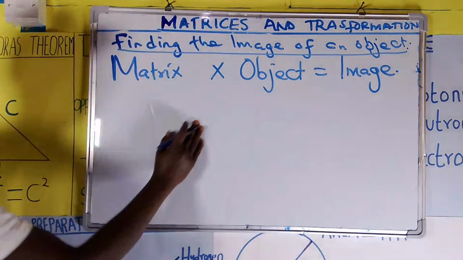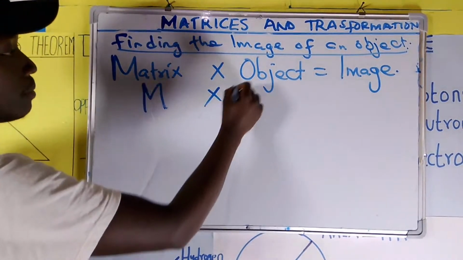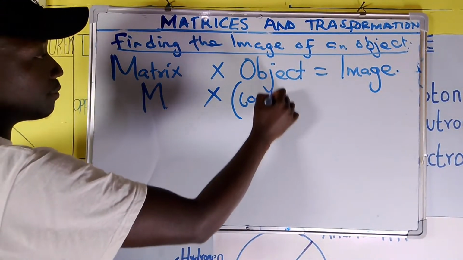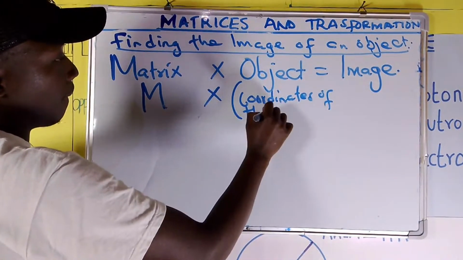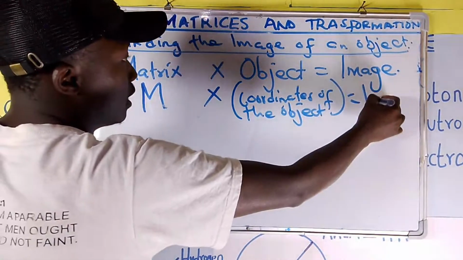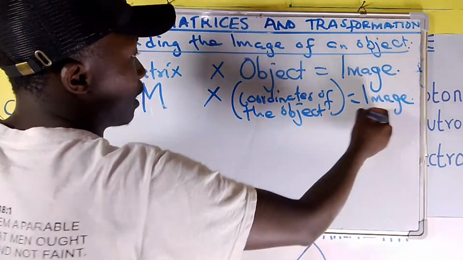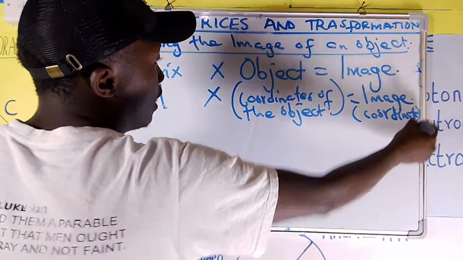So what does this mean? This means when you have the matrix of transformation and then you multiply it by the coordinates of the object, it is definitely going to give us the coordinates of the image.